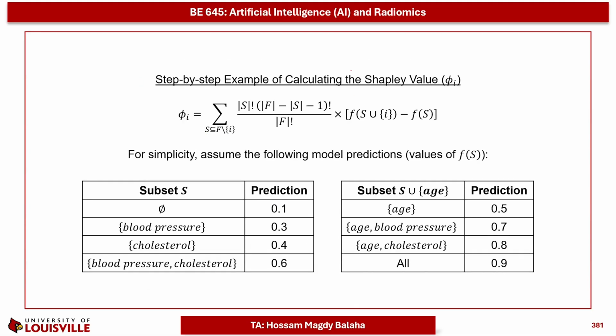So let's assume that we have predictions of f(S) and the prediction of f(S union I). These are calculated through the model. We have a trained or fit model, and these values will be the output of that model. So let's assume now we got these values from a trained model.